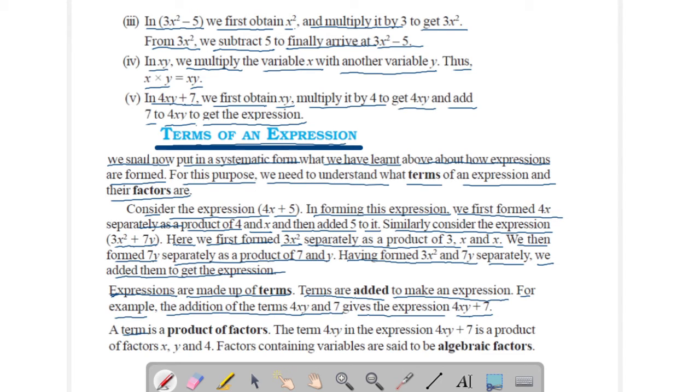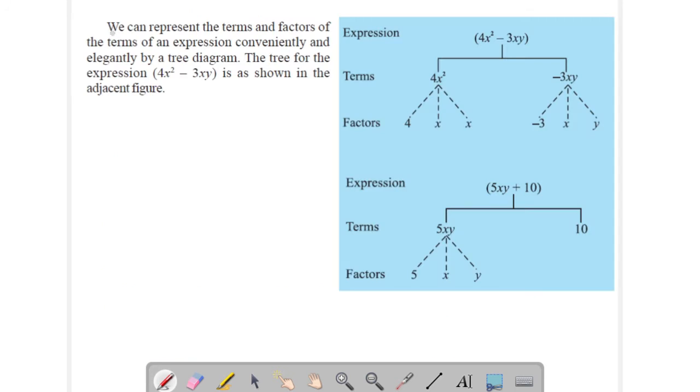A term is a product of factors. The term 4xy in the expression 4xy plus 7 is a product of factors x, y, and 4. Factors containing variables are said to be algebraic factors.